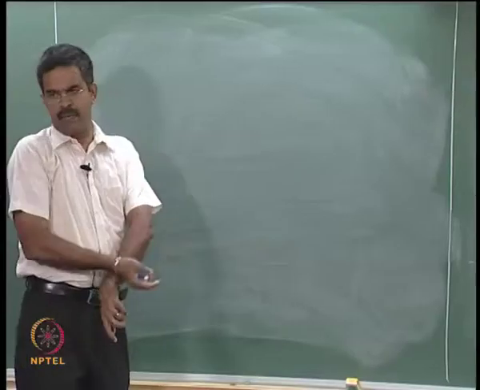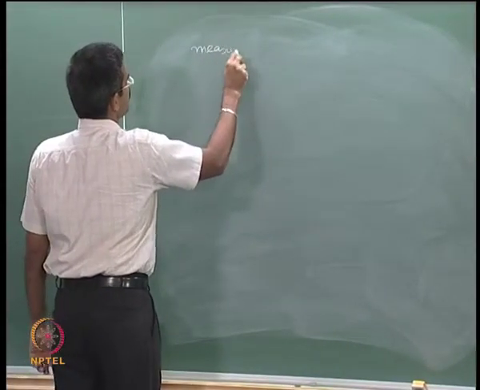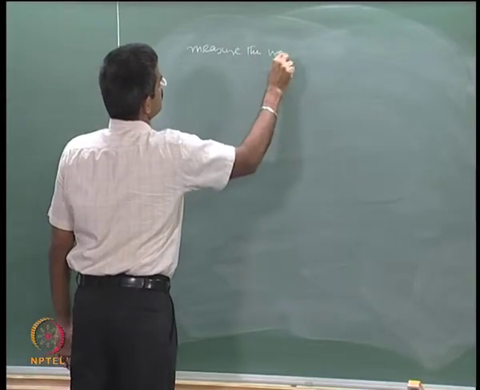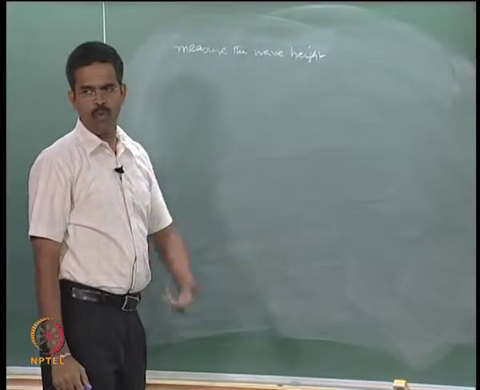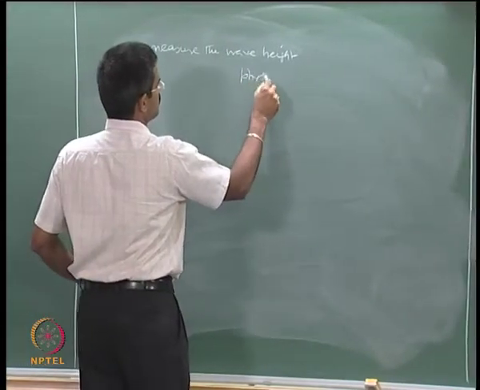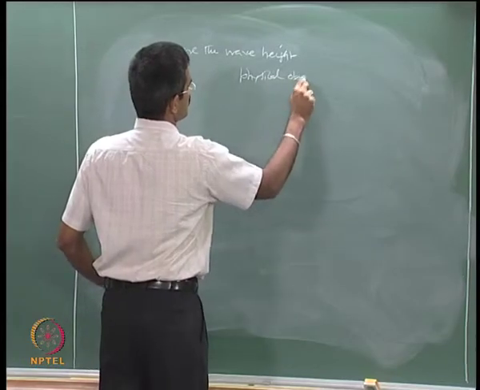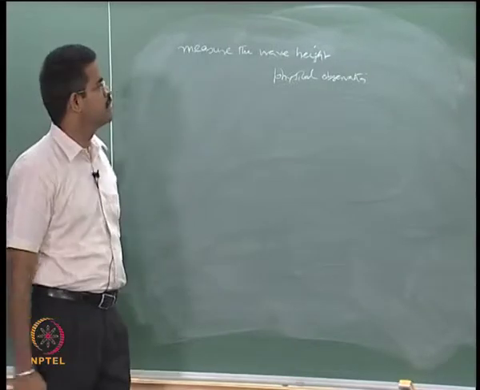Let us take a simple example. Now I am trying to measure the wave height. Wave height can be measured in open sea in many manners. Let us say I take a physical observation. Physical observation, a guess.